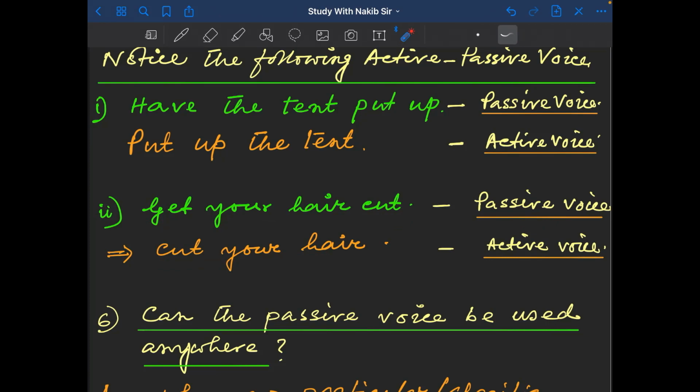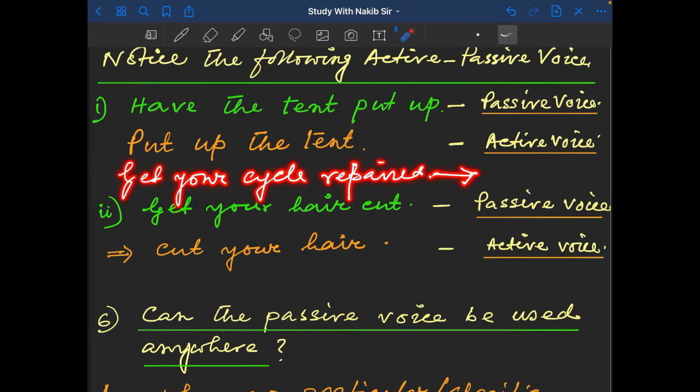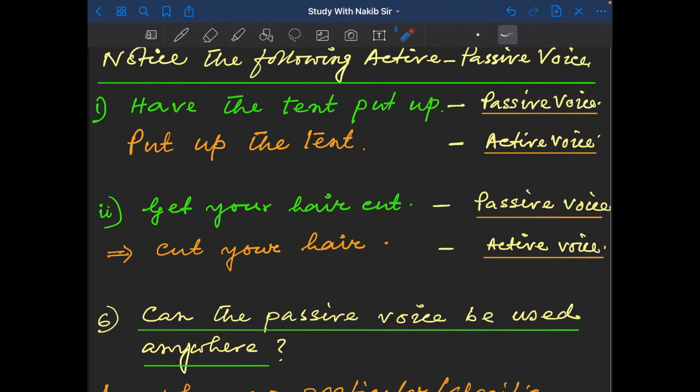Get your cycle repaired. This is the passive voice, and its active form is repair your cycle.